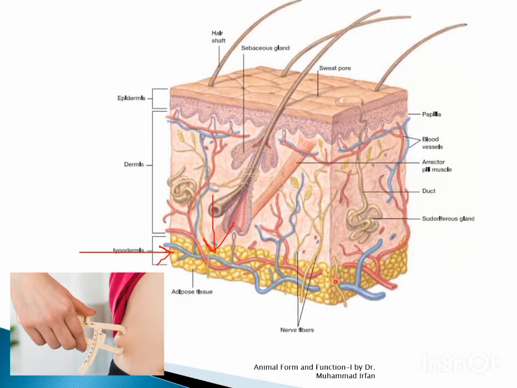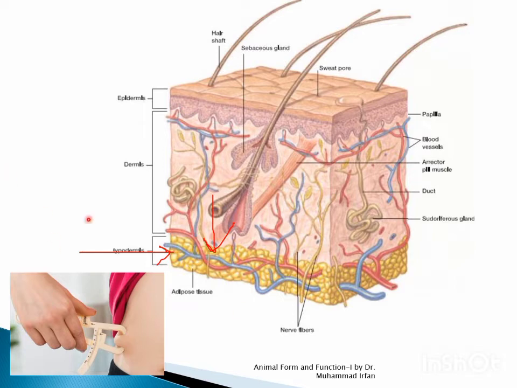It stores about half of the body's fat, and it functions as a source of energy, insulation, and padding. It is the hypodermis that determines the total fats in the body. So if we have to determine total fat in the body of a person or an animal, we can pinch the skin at various locations, and then measure the thickness of the fold of skin and underlying hypodermis.